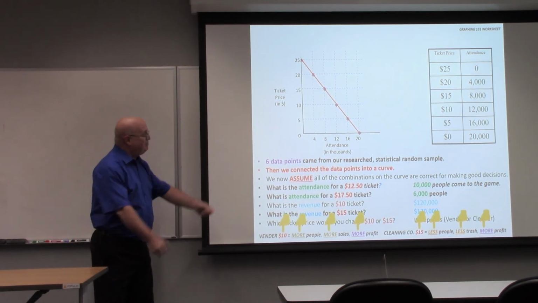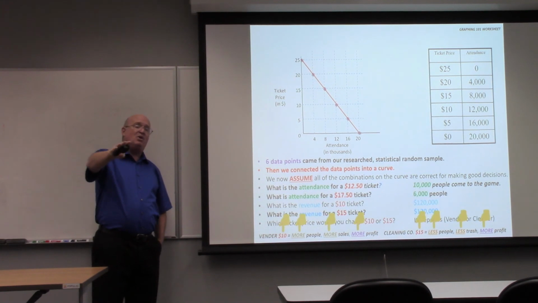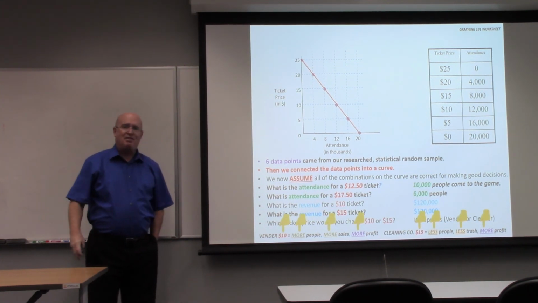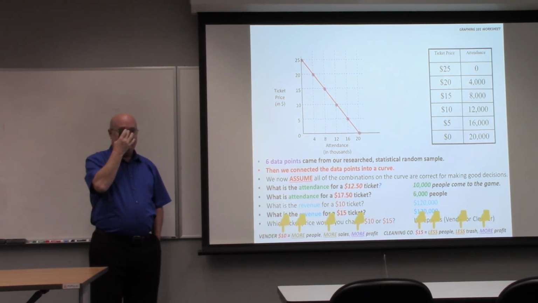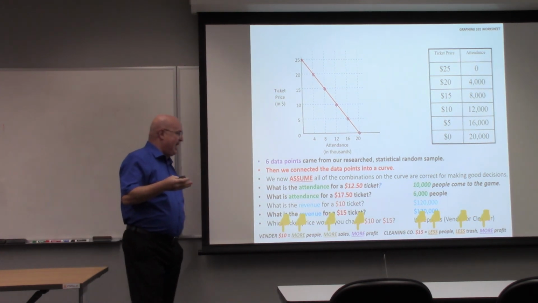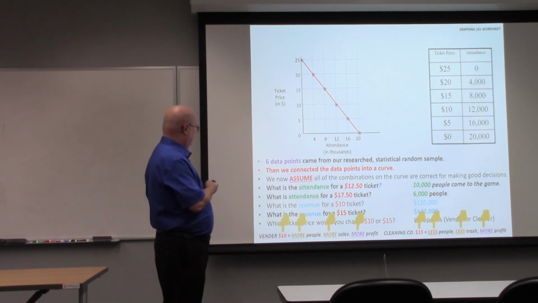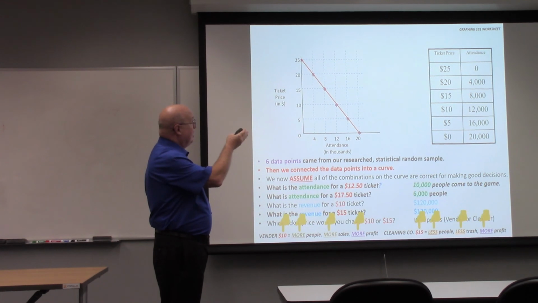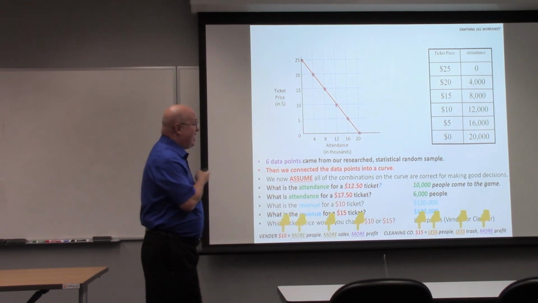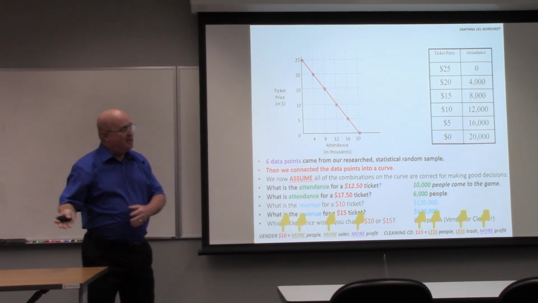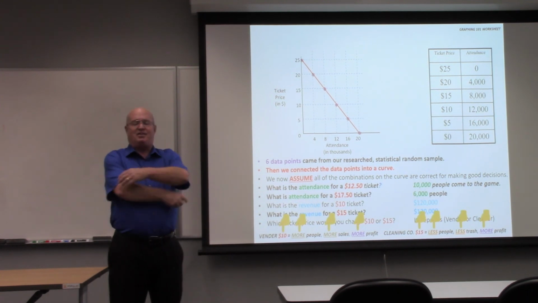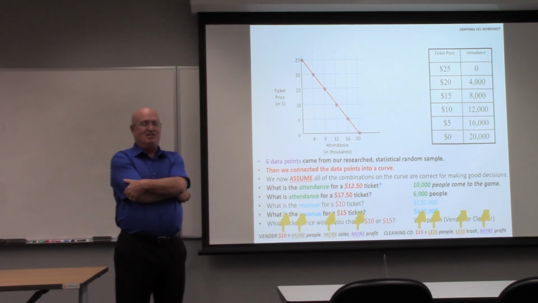And then let's throw something else in here. What happens if you only have parking for 11,000? Well, if we went ahead and did the $10 ticket, 11,000 people are really happy, but what about that other 1,000? You now have 1,000 people trying to find a parking spot so they can get there to watch the game.